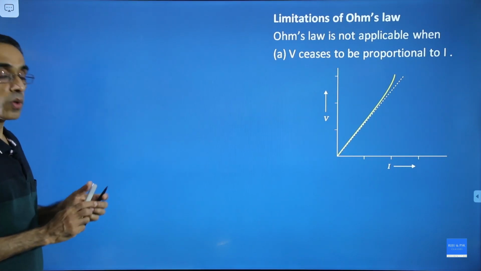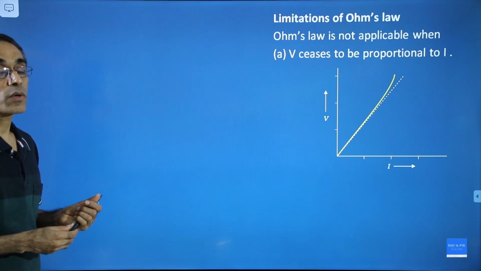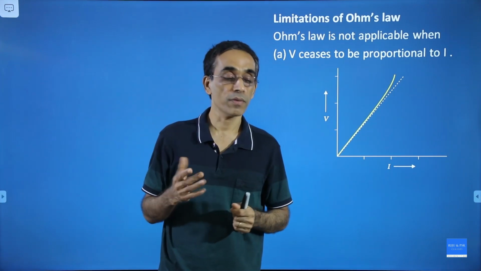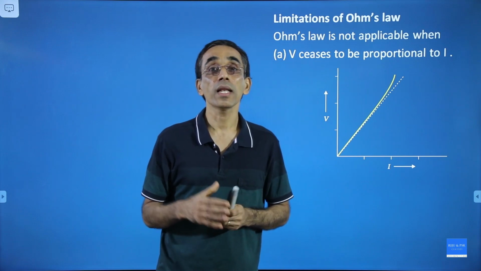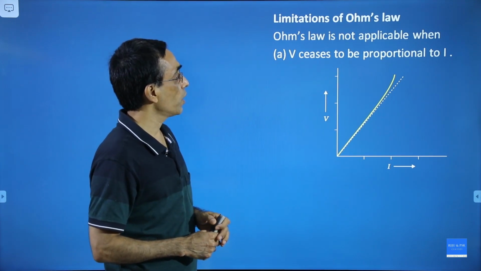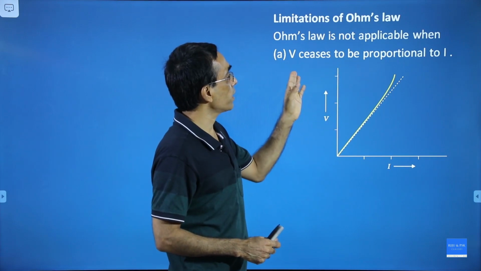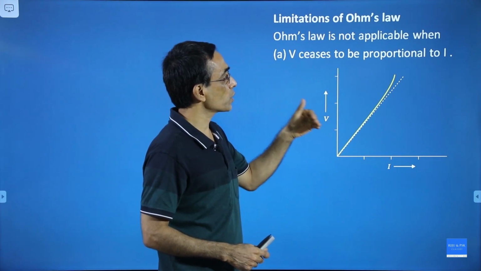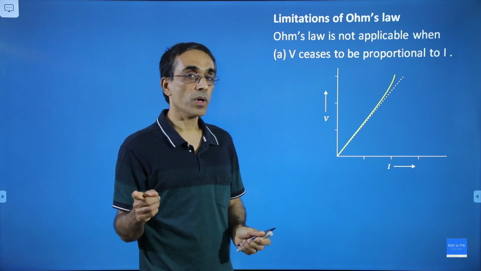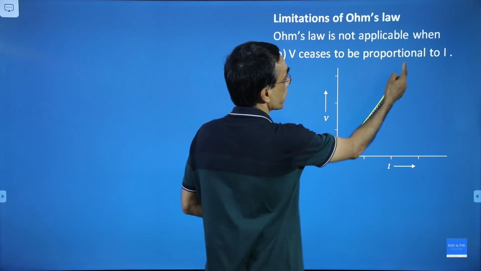But this Ohm's law is not always valid. This is a board examination theory question that you can expect, given in the NCERT textbook. What are the limitations of Ohm's law? There are 3 limitations for Ohm's law. First one, Ohm's law is not applicable when voltage ceases to be proportional to current, because according to Ohm's law, the voltage current graph must be a straight line.